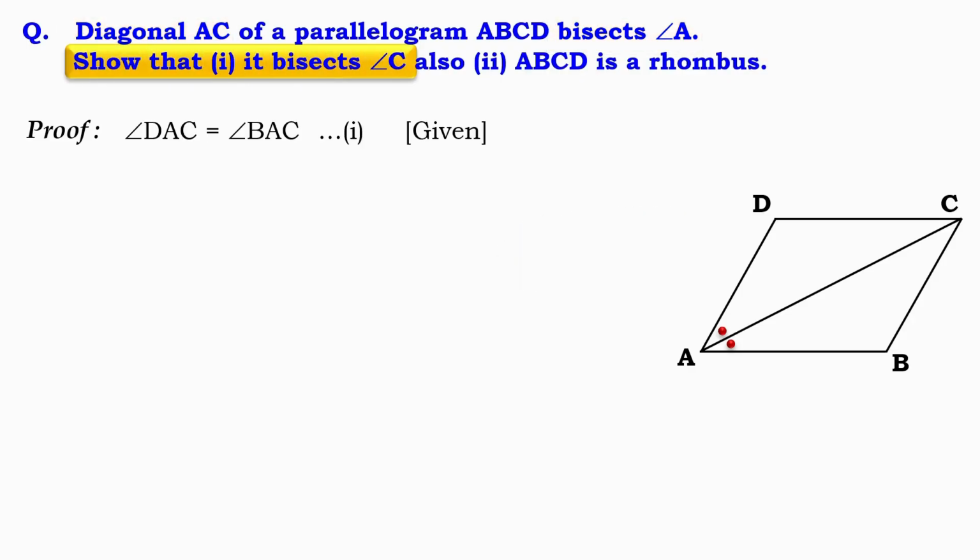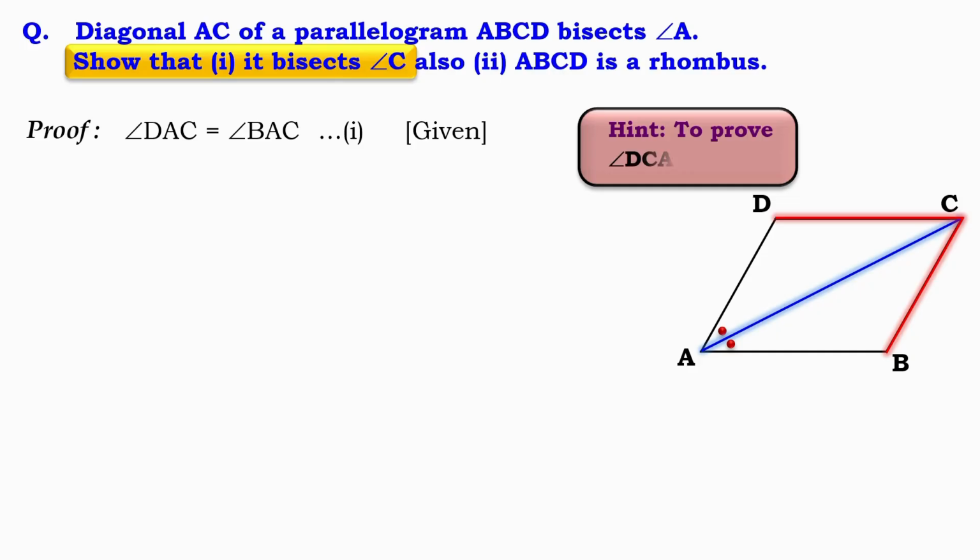Now what do we need to prove? We need to prove that it bisects angle C. So that means we need to prove that angle DCA is equal to angle ACB, or BCA, whatever you name it. Now let's check how to prove it.